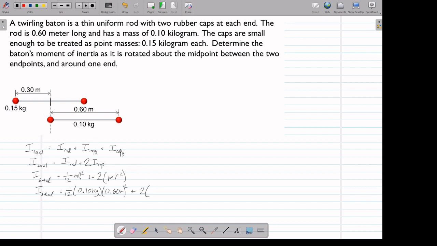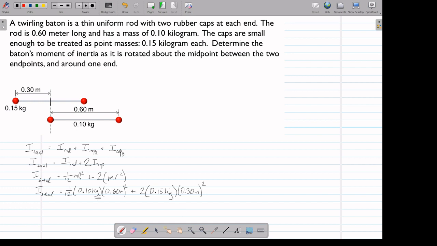Each end cap is 0.15 kilograms, multiplied by the radius of rotation. If the rod is 0.60 meters long and it is spinning around its midpoint, the radius of rotation is 0.30 meters. And we should square that.